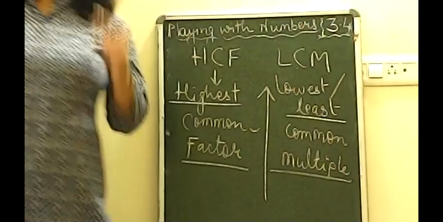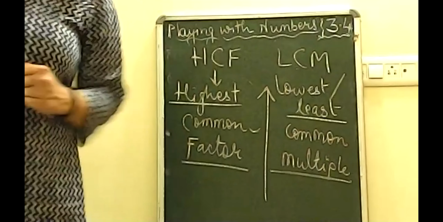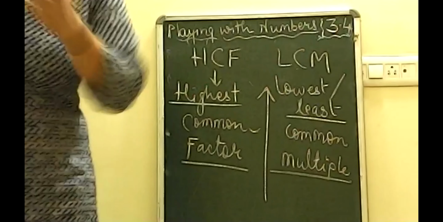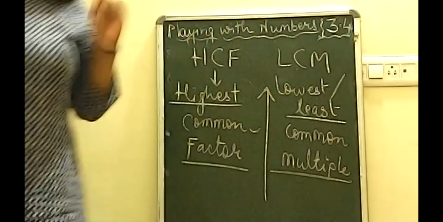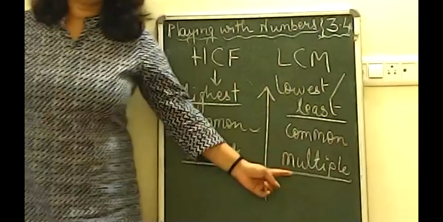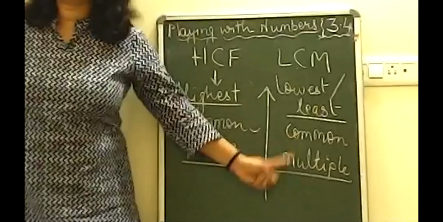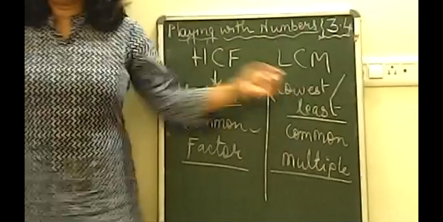If you say, ma'am, 1000 is more, then I will tell you, beta, 2000 is more. If you say 1 crore is more, I will tell you, beta, 2 crore is more. So there is no end of numbers. So remember, that is why multiples are endless, and that is why we cannot find the highest here. So that is why we call it least or lowest.